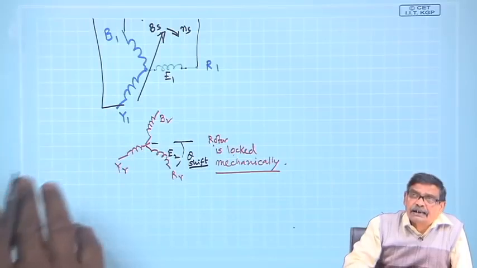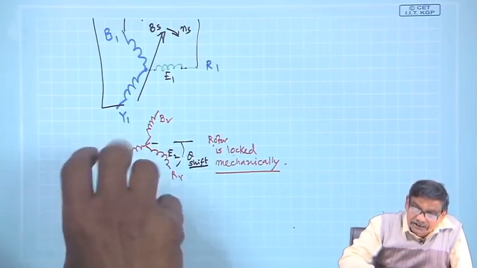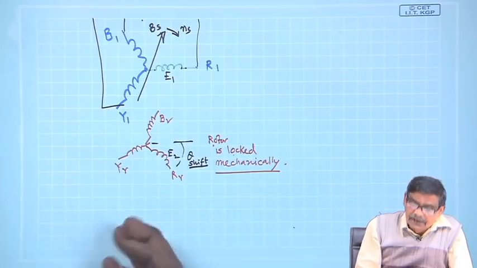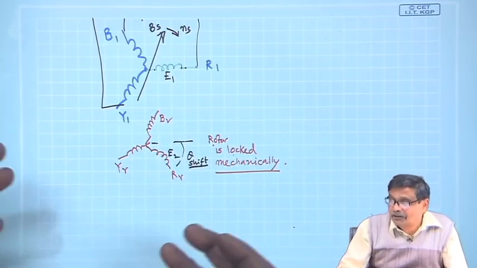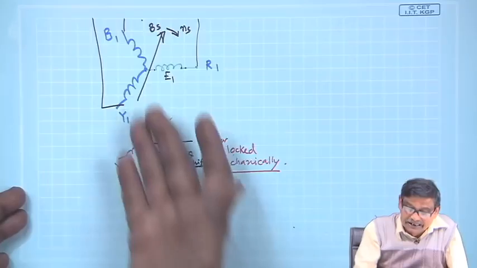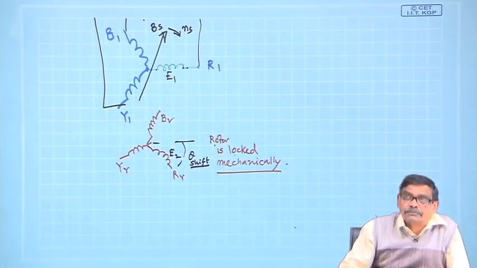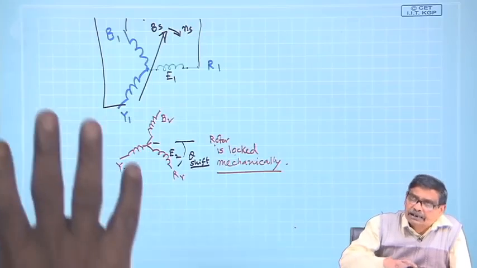There is a calibrated dial, you shift it, physically you are rotating it, and initially the manufacturer will calibrate it, because after all from outside I can see neither the R phase of the stator nor the R phase of the rotor.